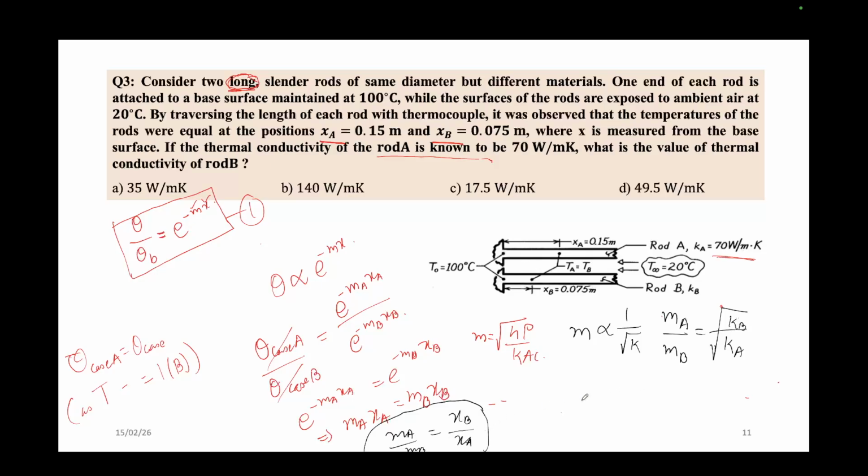So what is MA by MB? This is XB by XA, equal to root KB by KA. Now all the values are given.